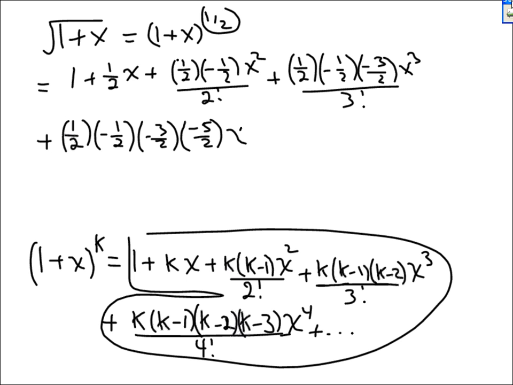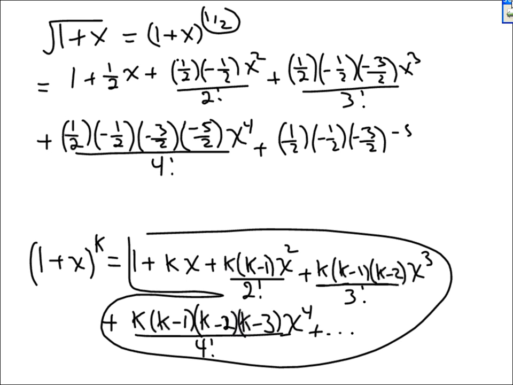There's 4 numbers, that's x to the 4th over 4 factorial, plus k minus 1 minus another 1 minus another 1 minus another 1, x to the 5th over 5 factorial, etc.